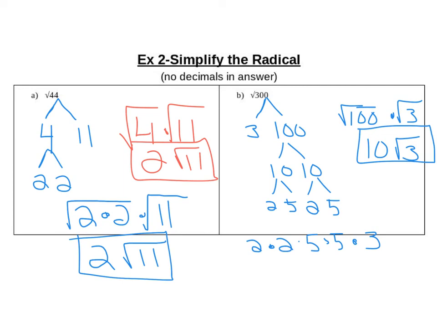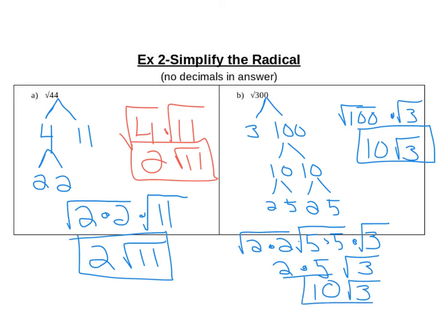So using our knowledge of perfect squares, if we can find a pair and we can find another pair, what's really going to happen here is 2 times 5. Now this square root of 3 does not have a pair. So the only thing we'd want to do is take one more step to take that 2 times 5 and say 10 square root 3.